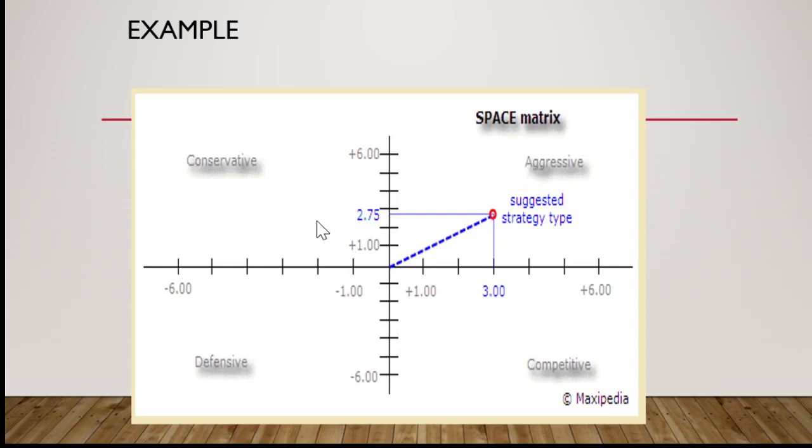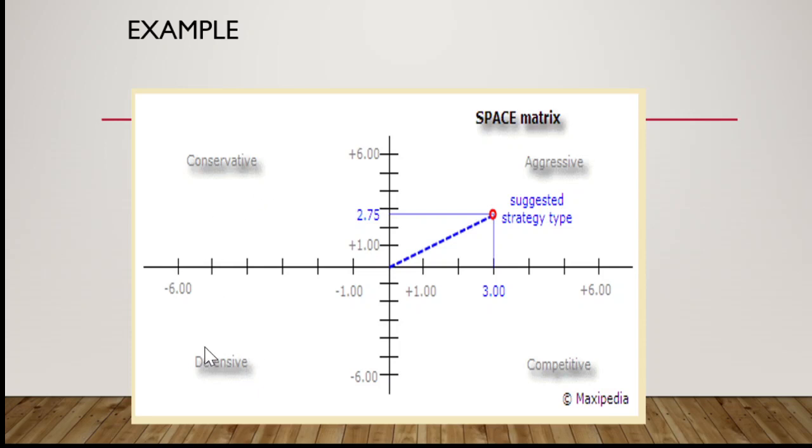Kapag naman dito tayo nag-fall, kunwari dito siya, -3 tapos 2.75 and we fall under the conservative quadrant, then the firm or the business should stay close to its core competences and not take risk. Conservative na. So, we are not risk takers in this quadrant.